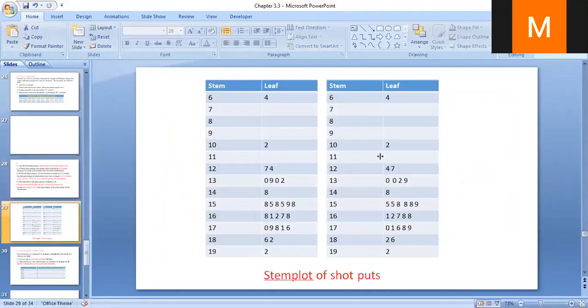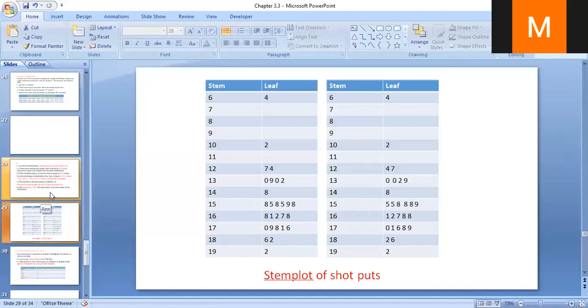You count from here: 1, 2, 3, 4, 5, 6, 7, 8, 9, 10, 11, 12, 13, 14, number 14, and you look on the stem. You look back on the stem. You have 15.8. So 15.8 is 50%.